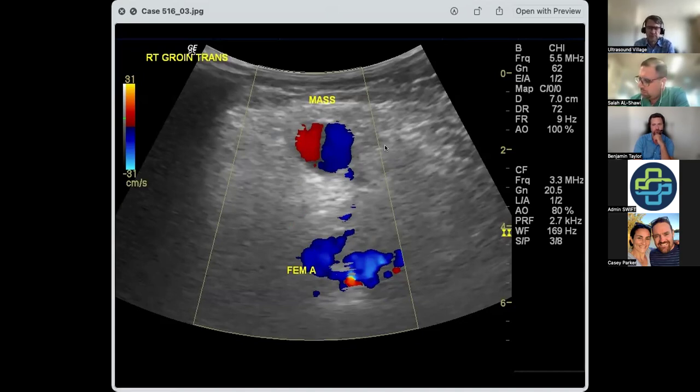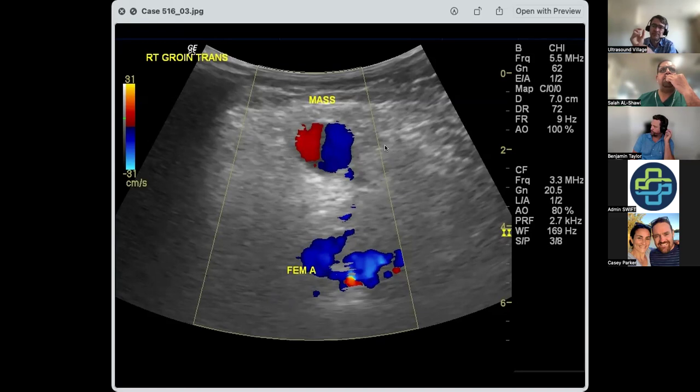We see these less commonly than we used to, because they now put in FemStops, the little occlusive devices, to try and reduce them. Also they do a lot more through the radial arteries now, so they're much less common than they used to be.